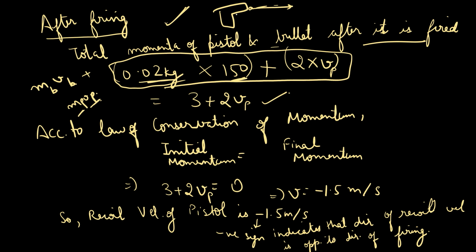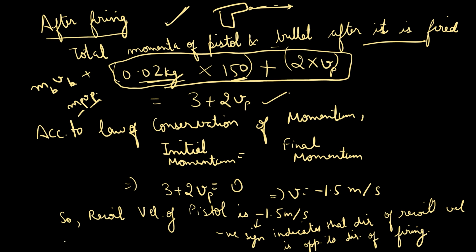Why so? Due to recoil velocity. This is due to conservation of momentum. To conserve momentum, we need some velocity of the pistol as well, which is minus 1.5 meter per second, so it is 1.5 meter per second in the opposite direction. So this is how we found the velocity using the law of conservation of momentum.